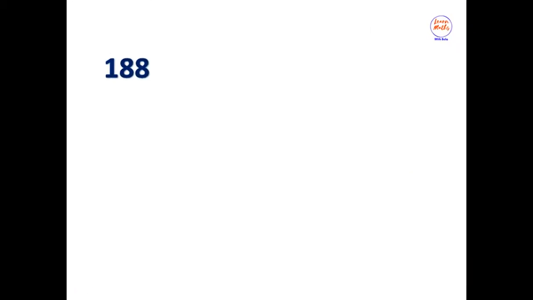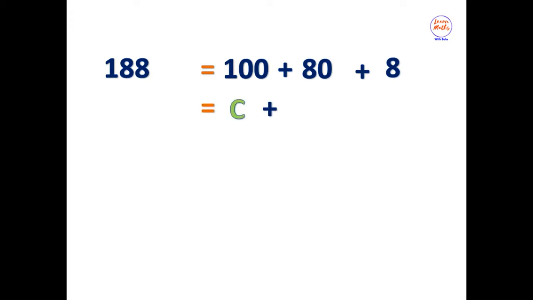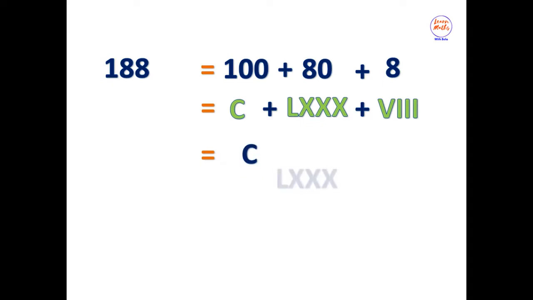Another one, 188. We have 100 plus 80 plus 8. So 100 is C, 80 is LXXX, then we have VIII, which will give us CLXXXVIII. As simple as that.